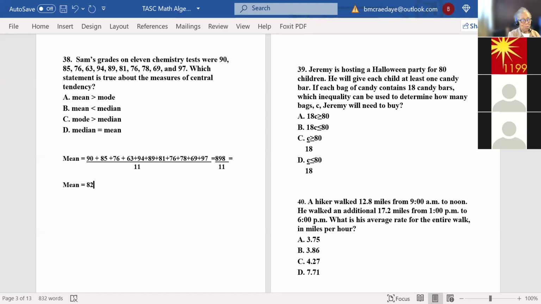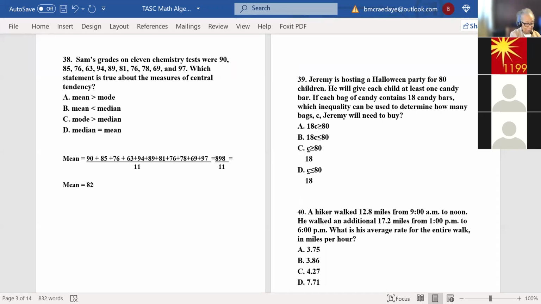I get 81 for the median. Okay, so for the median you got 81. You had to put them in order, right?